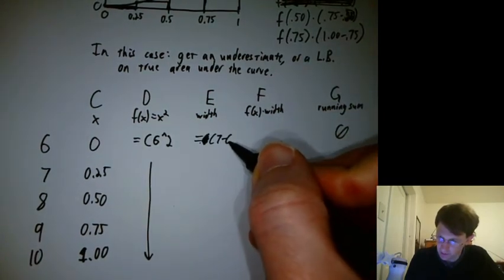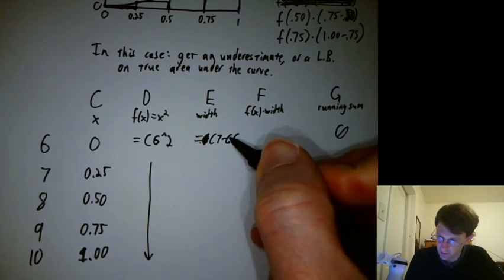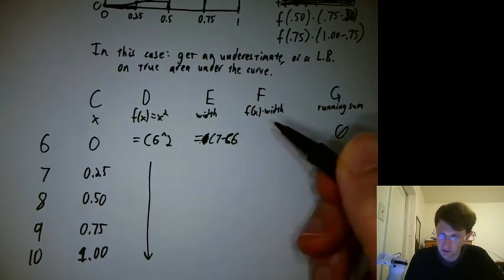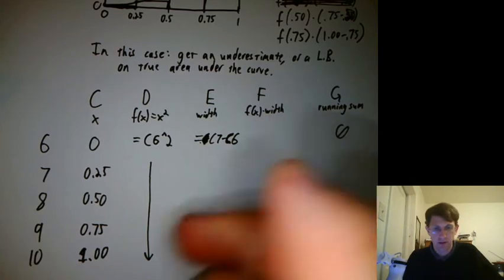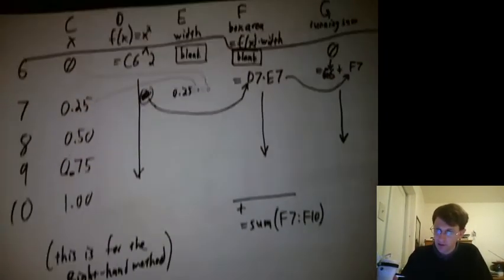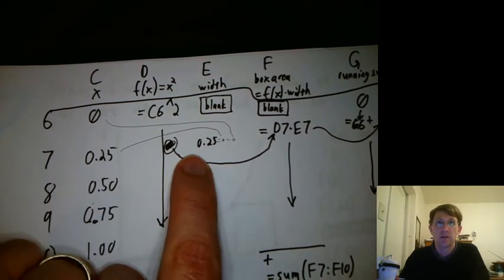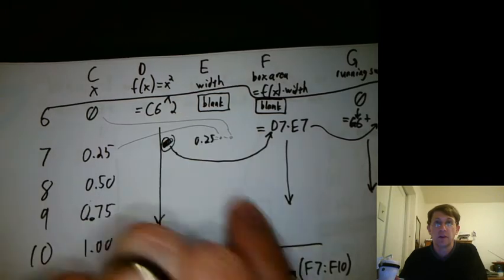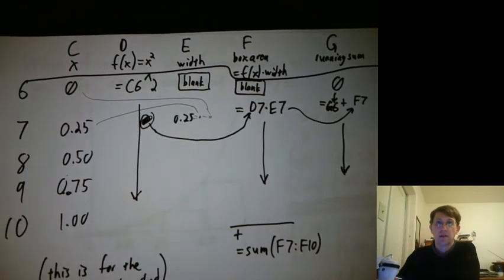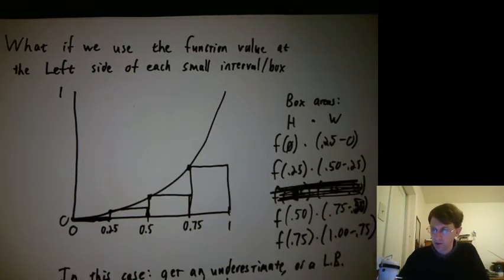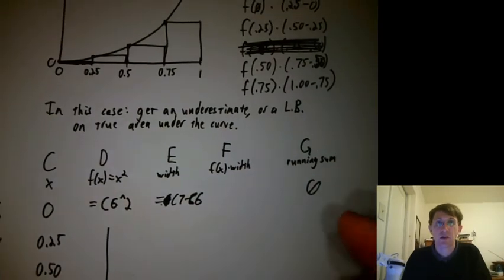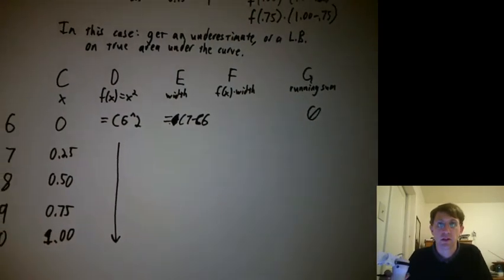Let's compare that to what we had in the previous sheet. We had C7 minus C6 for the right-hand method, but it was in row 7 rather than row 6. So that's really the only big difference we're doing here. We're doing calculations kind of one row earlier.